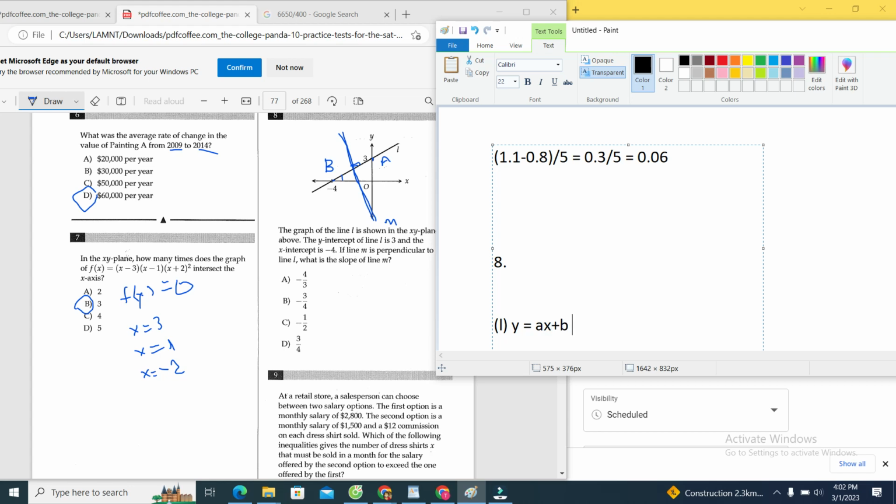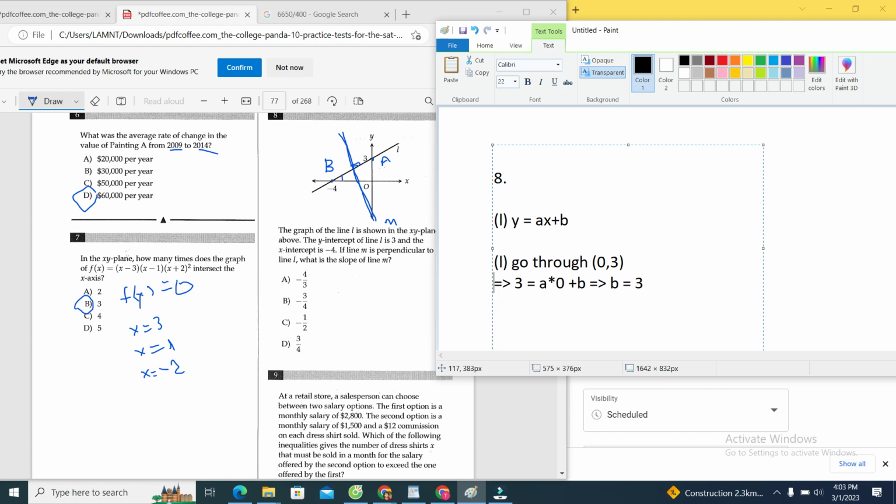We know that L goes through point A, which is (0, 3). So we plug it in: 3 is equal to a times 0 plus b, so we know that b is equal to 3, right?